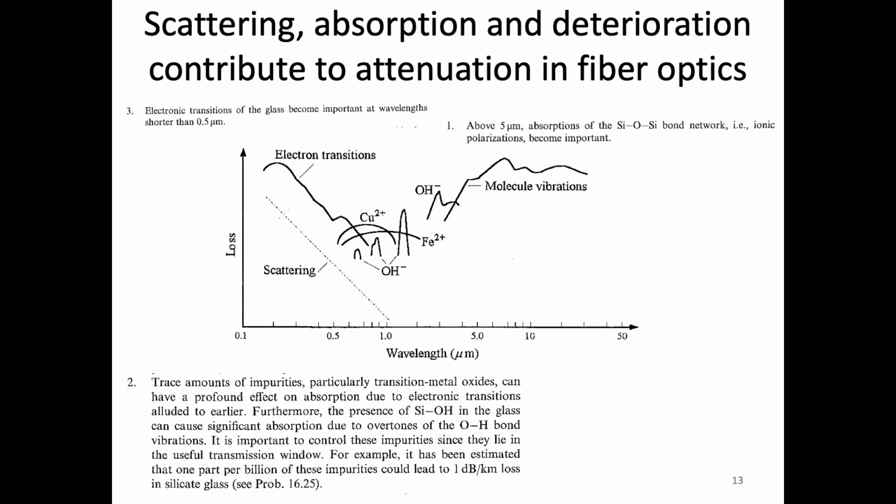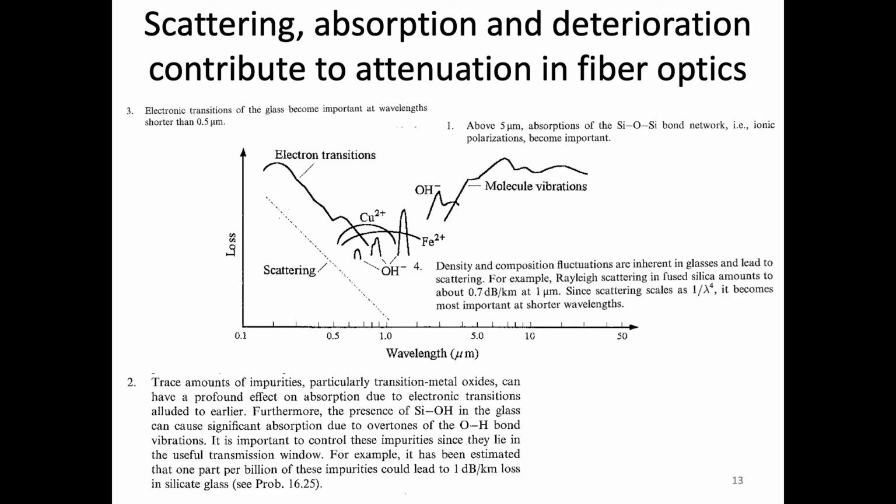And then again, like we talked about, electronic transitions below 0.5 become significant as well. And so that's kind of unavoidable. So we're kind of looking at this narrow range in which we get less losses, but that assumes that we don't have a lot of impurity materials either.